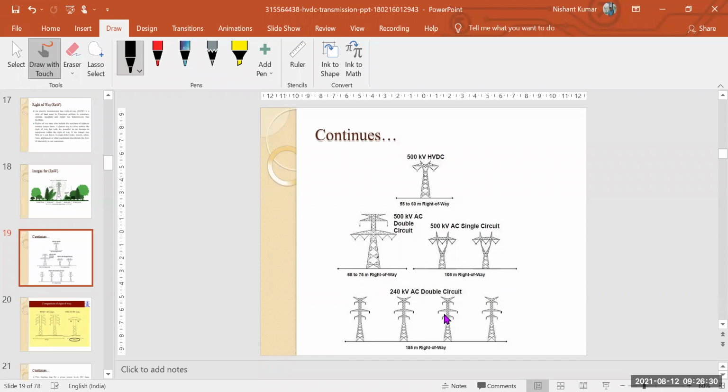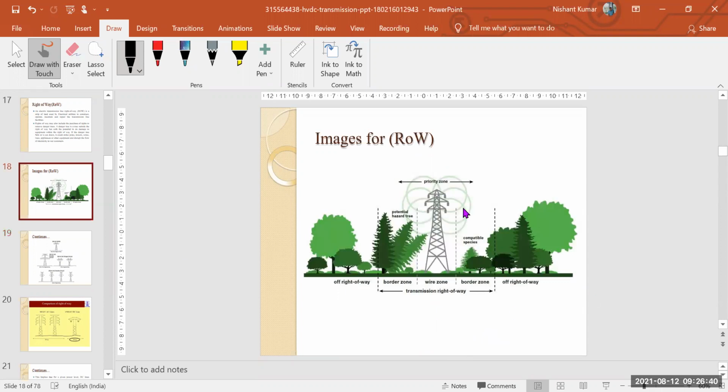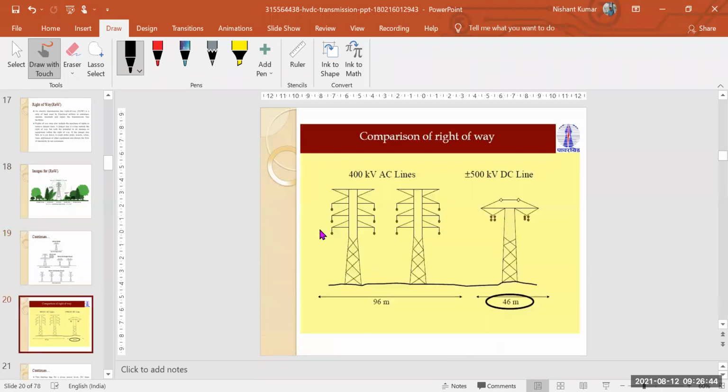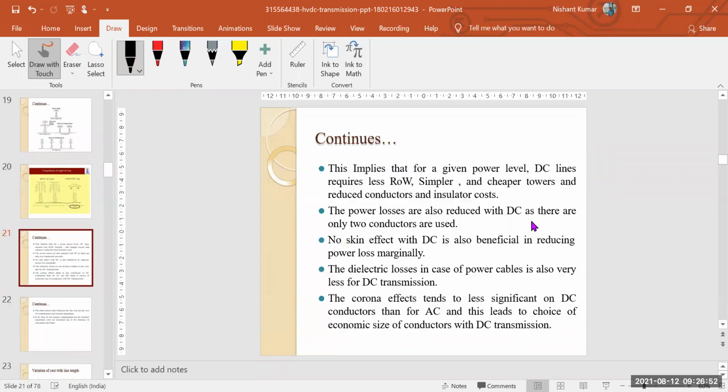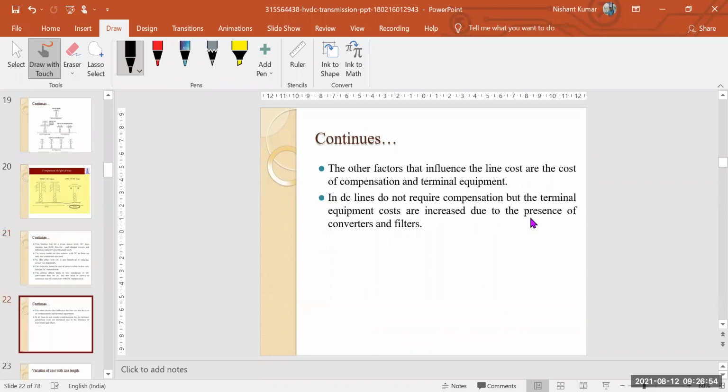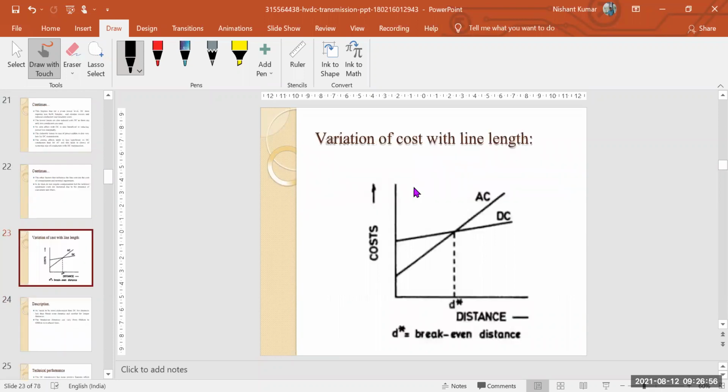A 240 kV AC double circuit was 185 meter right of way. Right of way is nothing but the area they cover. So these are the advantages: comparison of the right of way, the 96 and this is only 46 meters, so that is the difference. Variation of cost with line, this we have studied.